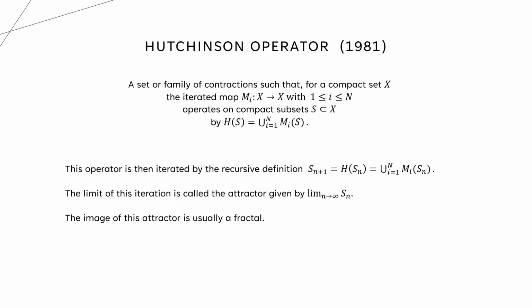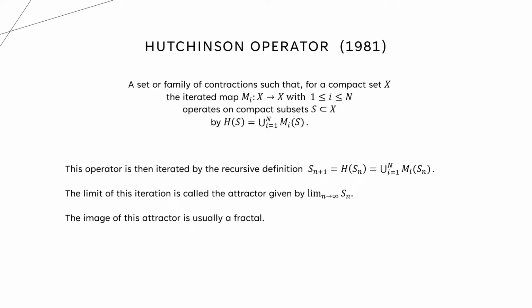And then you're going to take the iterated map, and the map is the iterations from X to X, with the index being somewhere between 1 and capital N. So again, it could be 1 in this case, so you could be iterating it just once, which just means you apply that contraction once. But when we operate on the compact subsets of X, so S being a subset of X, then the Hutchinson operator is the union of all of those mappings.